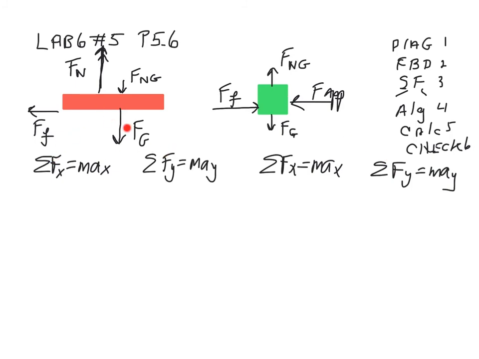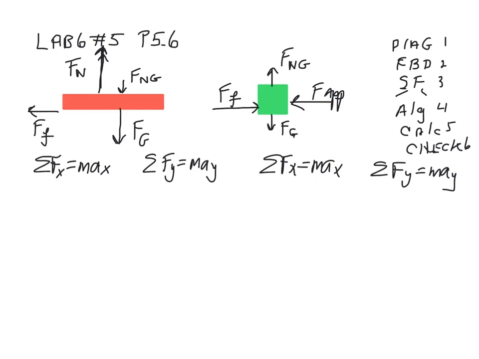Sum of the forces in x and y on each one of these. But the net force on the red block is simply its mass times its acceleration, and we know its mass, and you can calculate its acceleration, so that's easy. And the net force on the green block is simply its mass times its acceleration, and so you can get that.